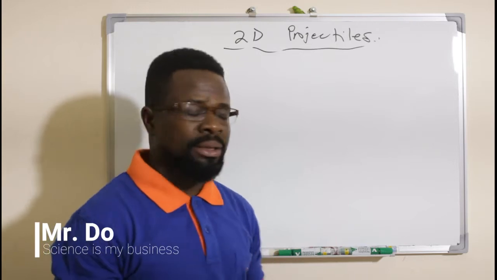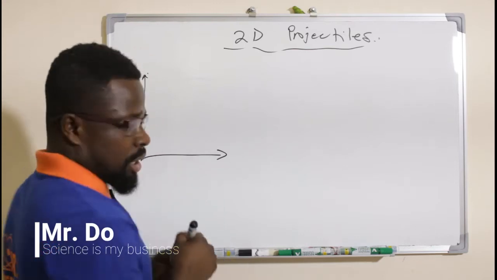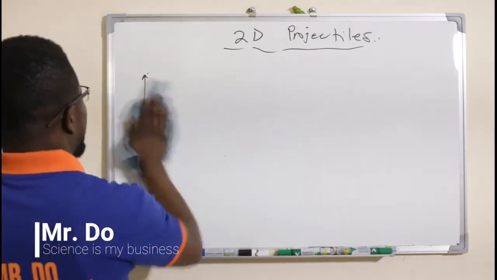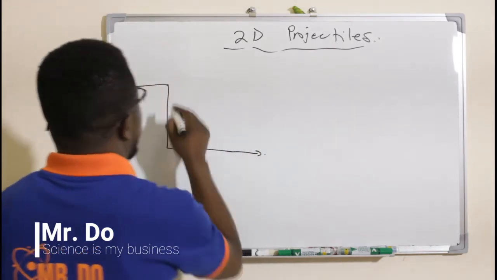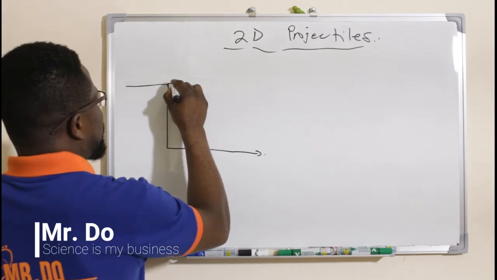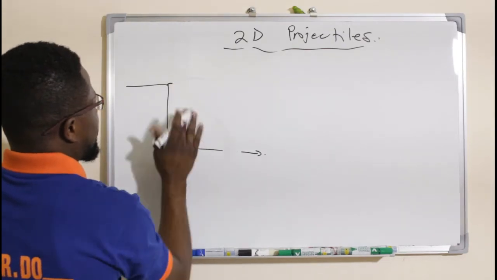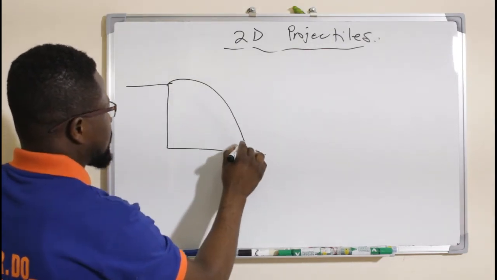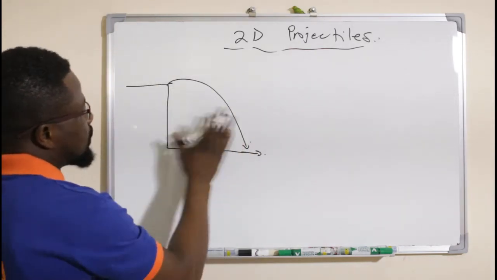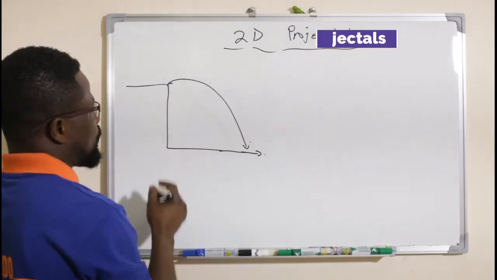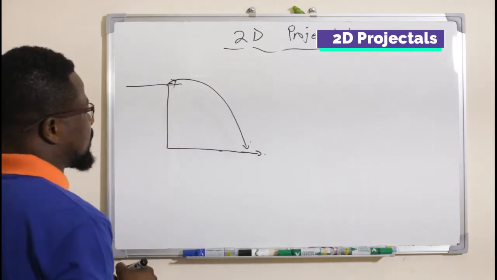The first one is a situation where we have a cliff, and you see an object being dropped from the cliff, so that you see something like this. This is one kind of projectile motion that we can see, and we will look at them from a certain angle.